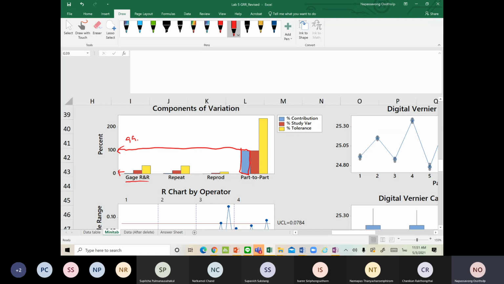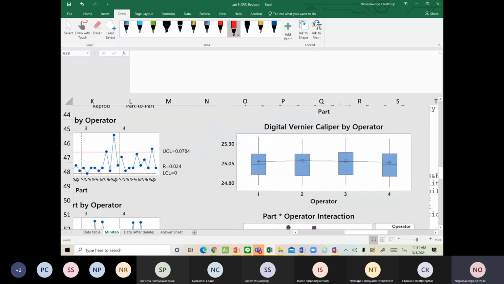And the variation of the total gauge is divided into two sections: repeatability by this much and reproducibility by this much. If you want to look at the real numbers, you have to look at the session output.